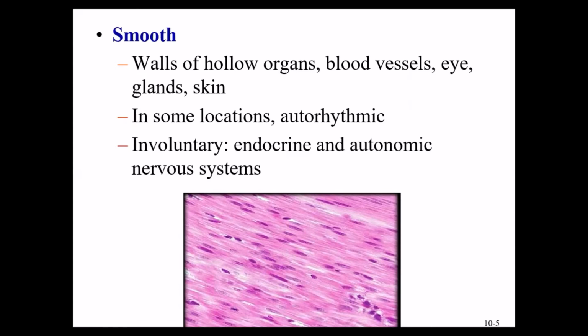In some areas, it is autorhythmic, especially around the intestinal area and the digestive tract area, and it's generally involuntary. It is under control. It's just not under a conscious control. It's more of a subconscious type control mechanism. And so you have other systems, including your endocrine system and your autonomic nervous system, that is regulating what your smooth muscles are doing.